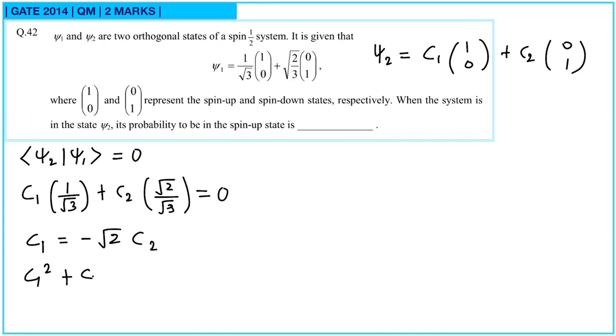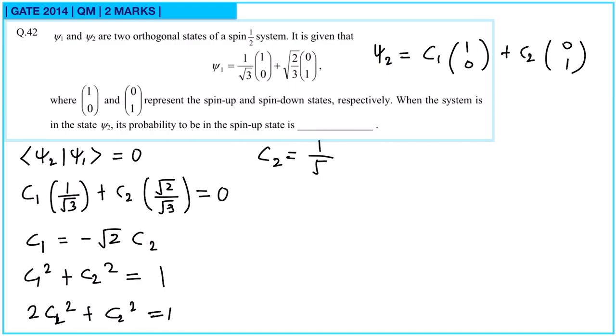Also, C1 square plus C2 square is equal to 1, because that will be a normalized state. Then C1 square will be 2 C2 square, plus C2 square is equal to 1. That gives us C2 square is equal to 1 by 3.